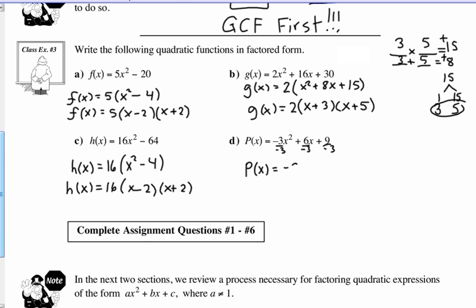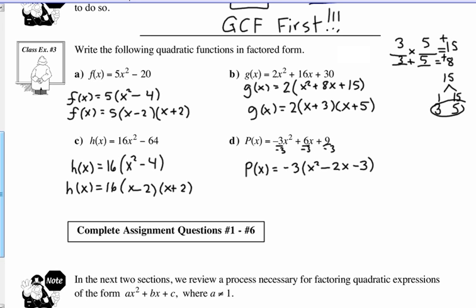Negative 3. What's left inside? Positive x squared. What's 6x divided by negative 3? Negative 2x, because a positive divided by a negative is a negative. And then positive 9 divided by negative 3, minus 3.